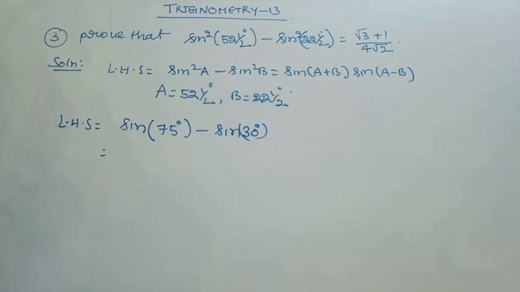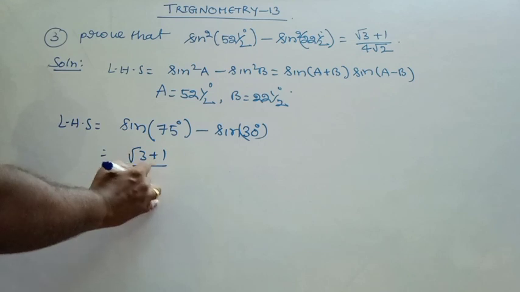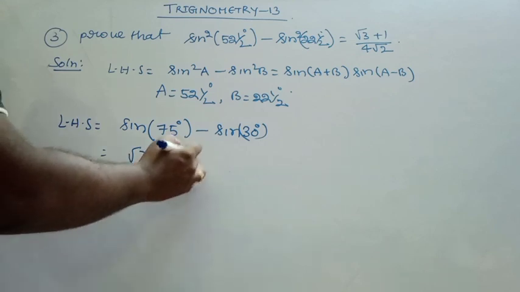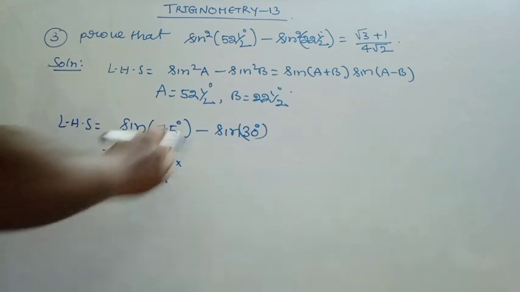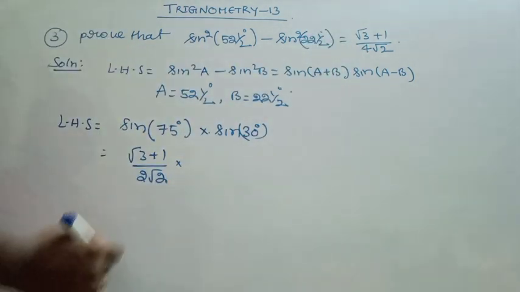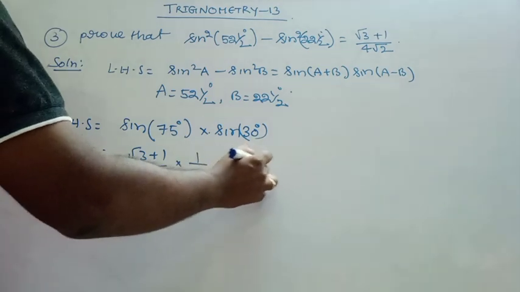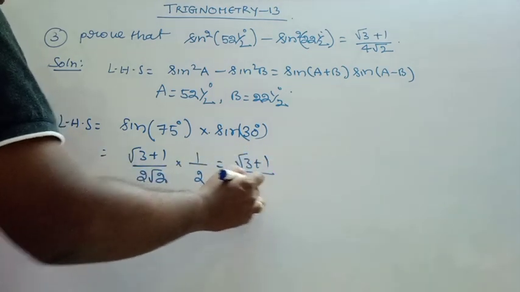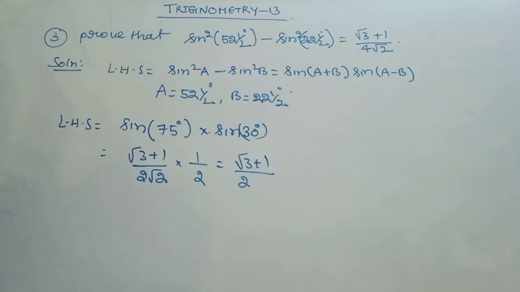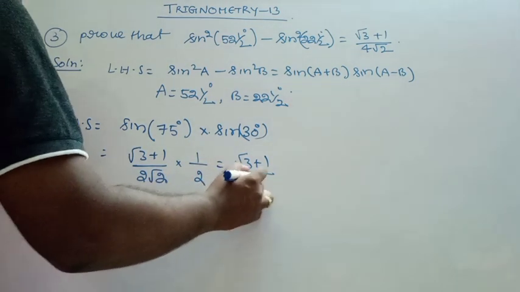That value is root 3 plus 1 by 2 root 2. It is not minus, this is into, because sine A plus B into sine A minus B, and sine 30 degrees value is 1 by 2. Therefore this is now root 3 plus 1 by 2 root 2 into 2, that becomes 4 root 2. We have got it wonderfully.